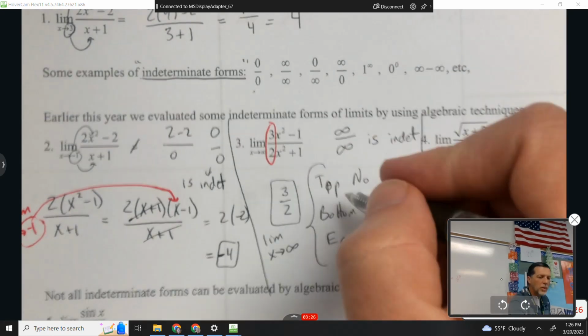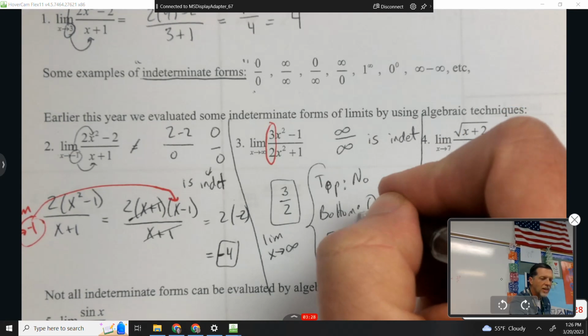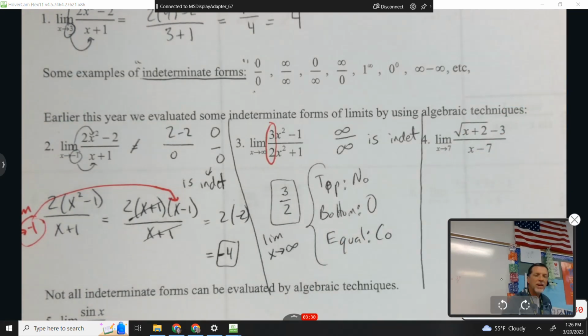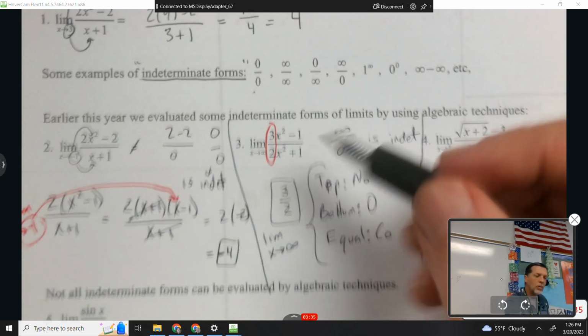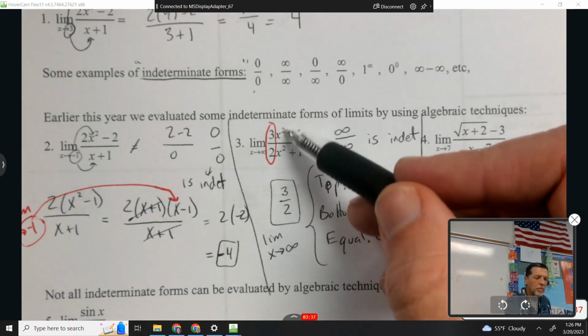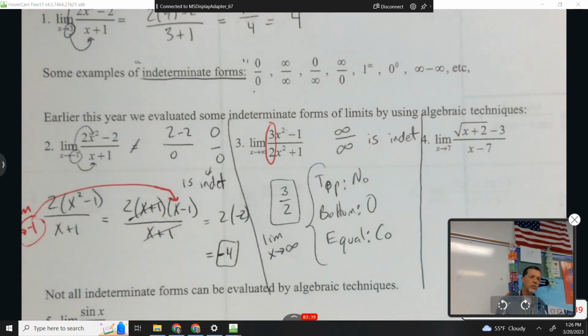If the top is bigger than the bottom, there is no limit. If the bottom's bigger, then you're headed towards 0. And if they're equal, meaning the powers are equal, then you use the coefficients. Oh, that makes sense. Coefficients. I was like, what?